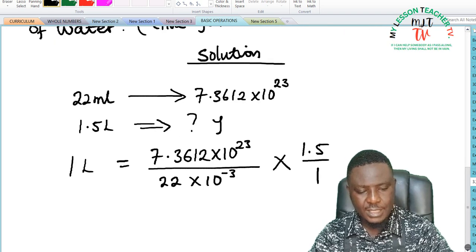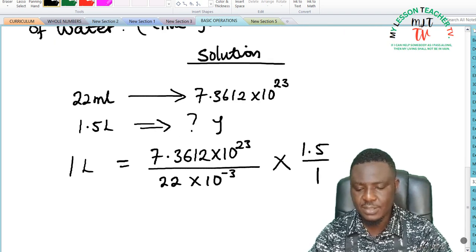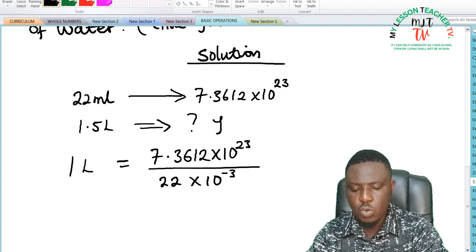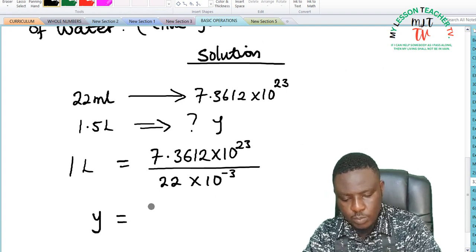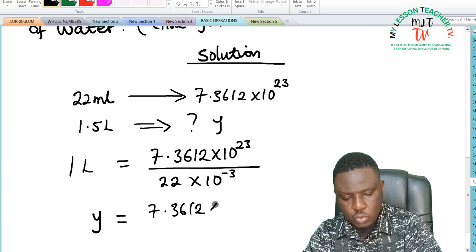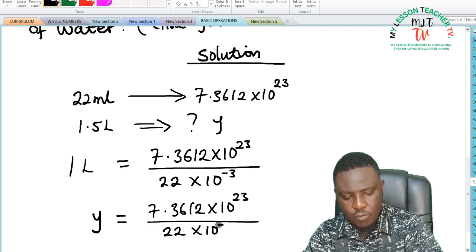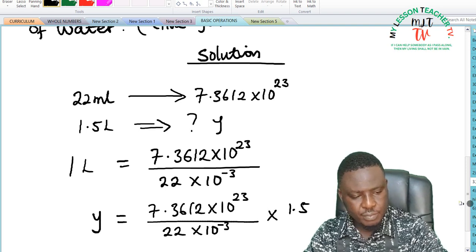So if this is the quantity of molecules we'll have in 1 liter, then in 1.5 liters, which is Y, will be equal to 7.3612 times 10 raised to the power of 23 divided by 22 times 10 raised to the power of minus 3 times 1.5.